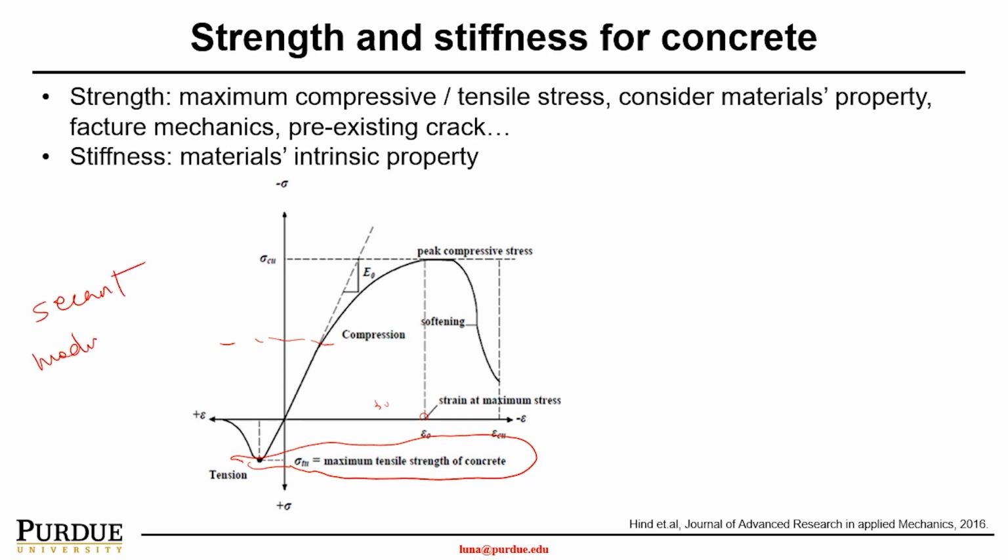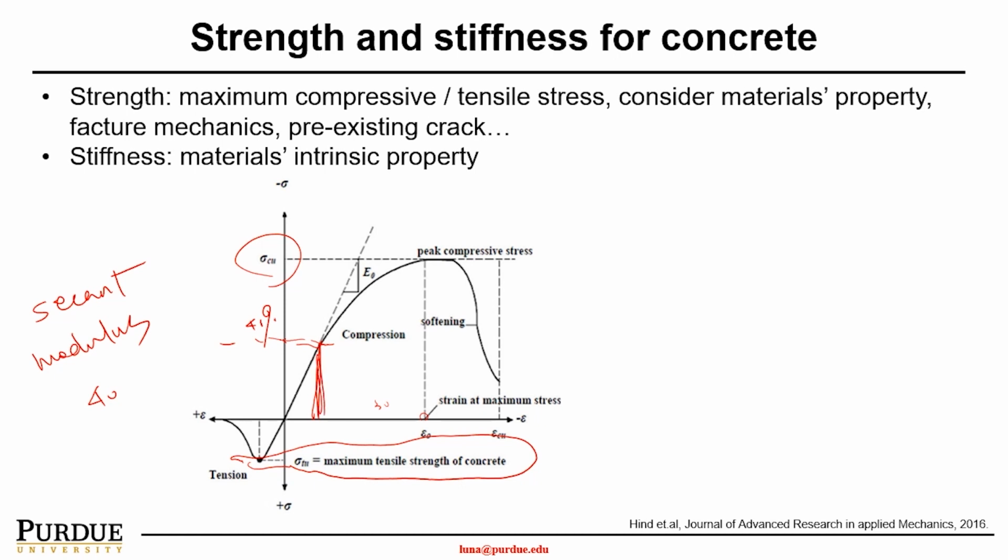So we use the secant modulus to replace Young's modulus of concrete. The secant modulus is taken at 40% of the ultimate stress. You take the ultimate stress, 40% of that, and the corresponding strain. That's what we call the secant modulus.